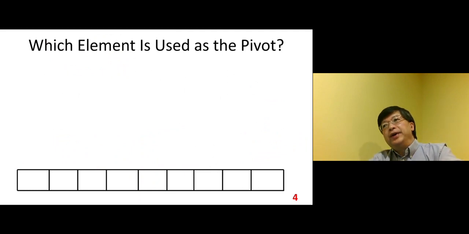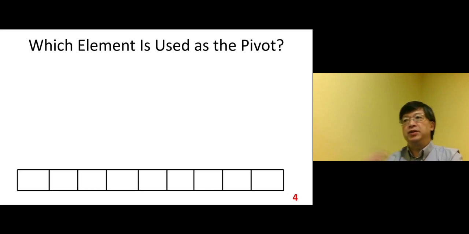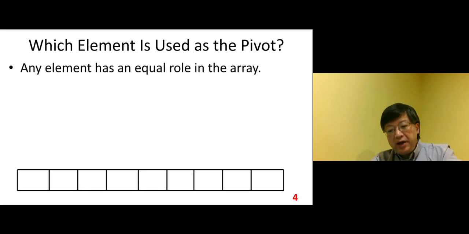Now, we know the pivot element is so important. The question is, which element should we choose as the pivot element? Now let's discuss this question. Any element has an equal role in the array because we do not have any information related to the values of the elements.